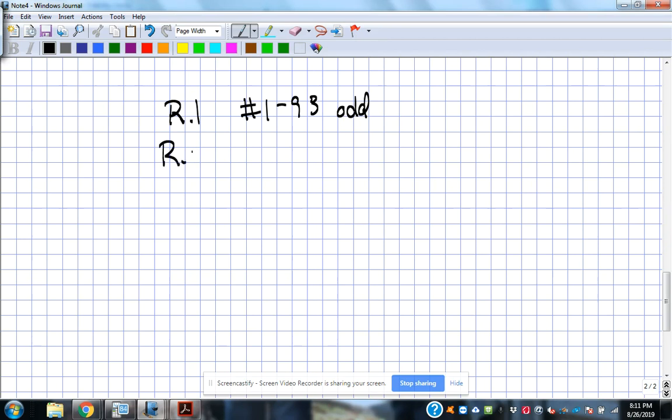Section R.2, numbers 1 through 47, a little smaller set there. Didn't do as much stuff in R.2. R.3, 1 through 43. And if you get the newest edition, the 12th edition, then same numbers.